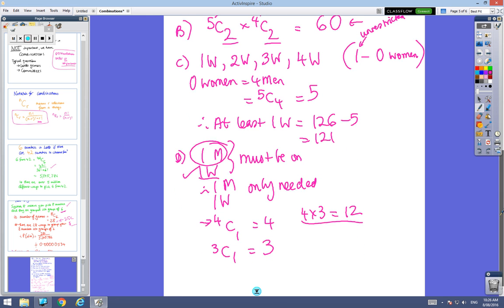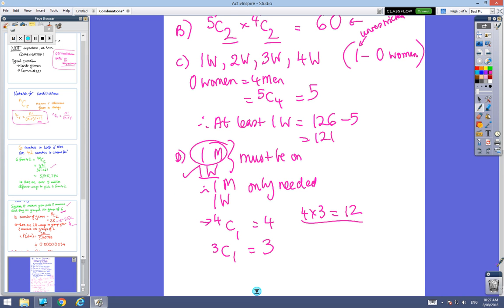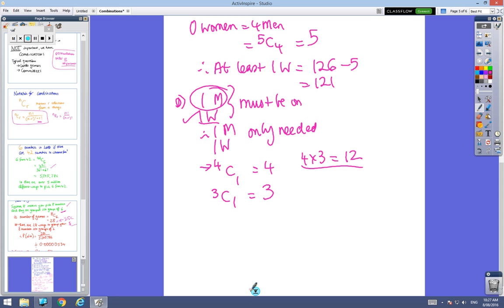And in part E, they cannot be on the committee together, those same 2 people. In this particular case, when we want them not on together, we actually put them on and then subtract from the unrestricted.